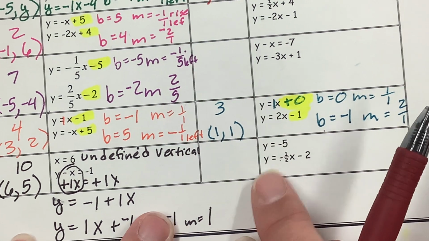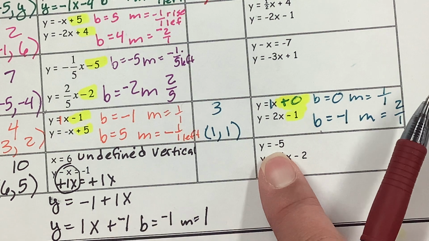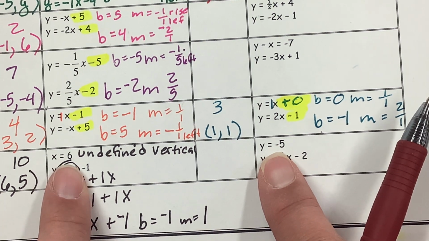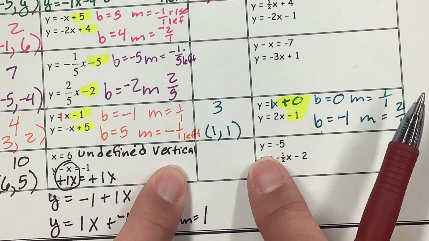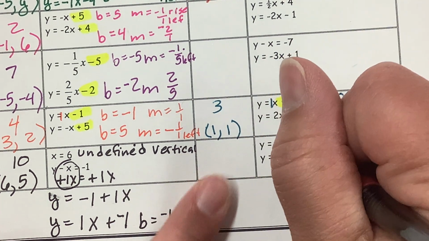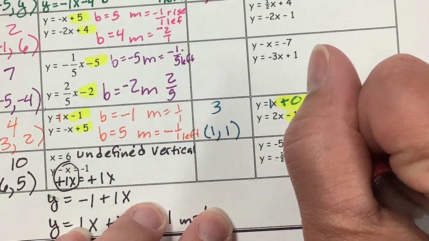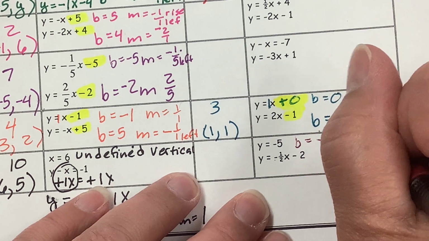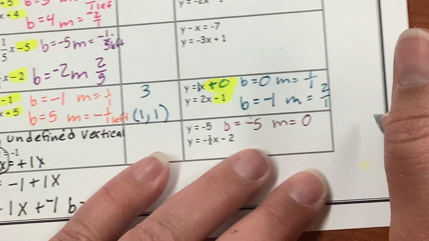All right, so here I have y equals -5. Now remember, when it was x equals 6, it was undefined and it was vertical. But when you have just a y and no x, that has a 0 slope. So you have b equals -5, but you have m equals 0. This is a horizontal line.